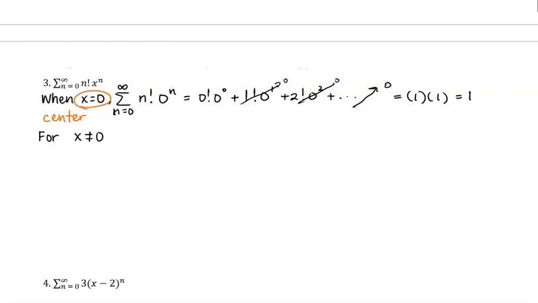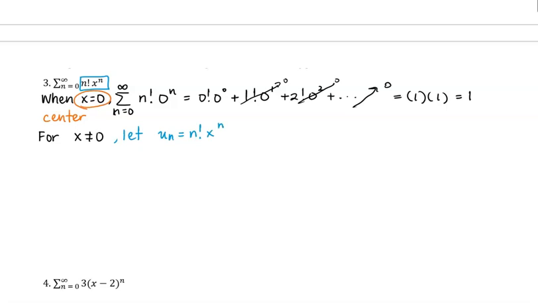When x is not 0, I'm going to take this entire expression that's on the inside of the power series, and I'm going to call it u sub n. I don't want it to be confused with the a sub n that we used before in this lesson.